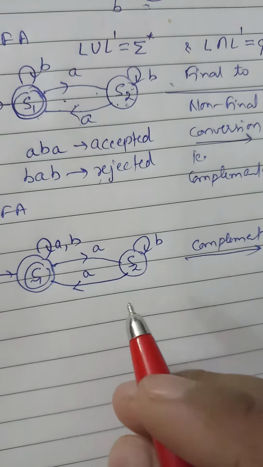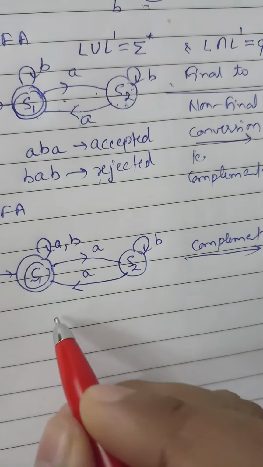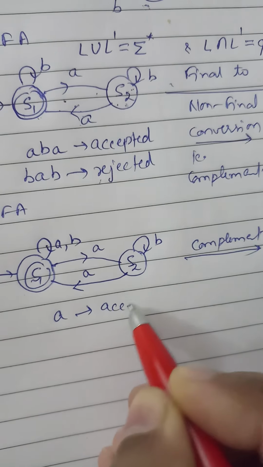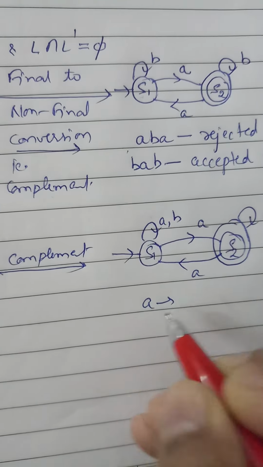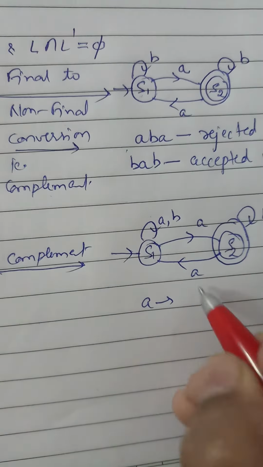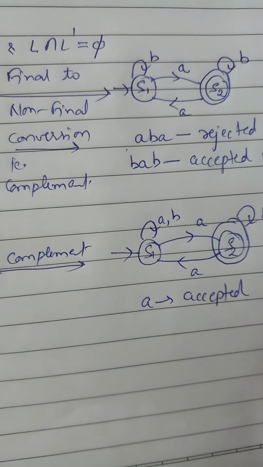So here A will be accepted: A is accepted in the initial state, which is also a final state, and here A will also be accepted because it reaches the final state.